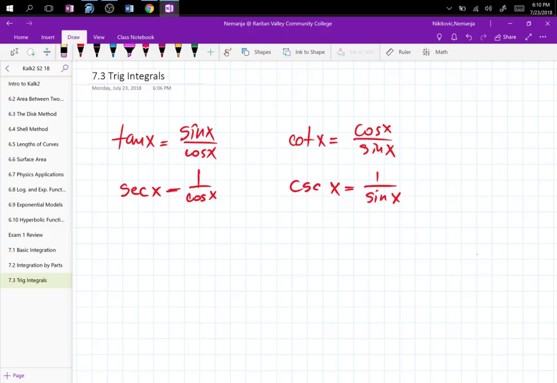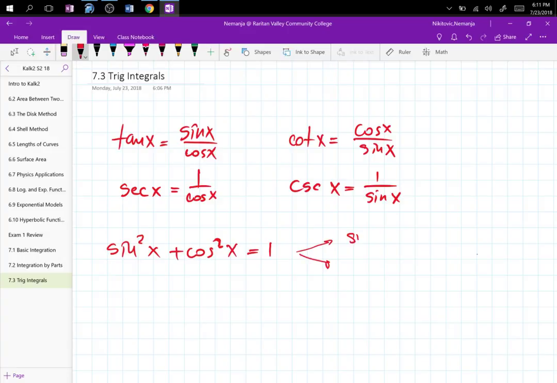Next part is to talk about the Pythagorean identity formulas. So we have that sine squared x plus cosine squared x is equal to 1. Now, this you can rearrange, right?